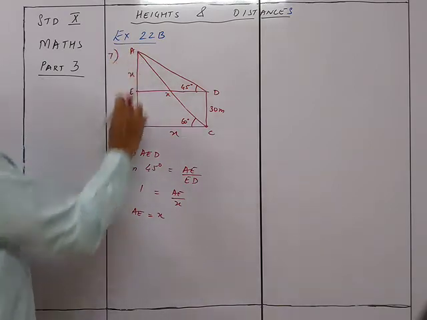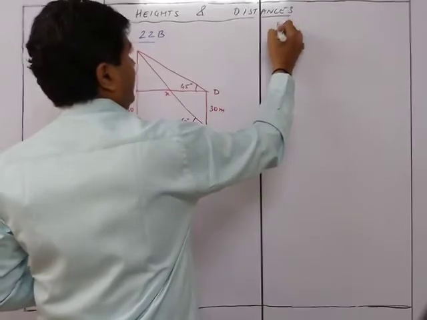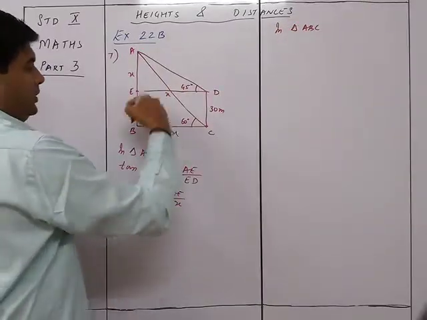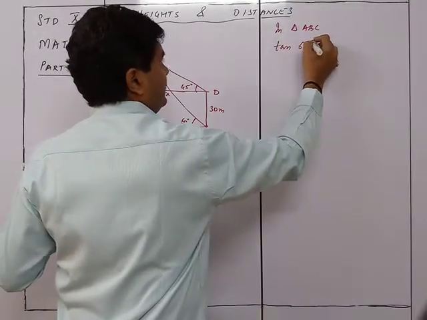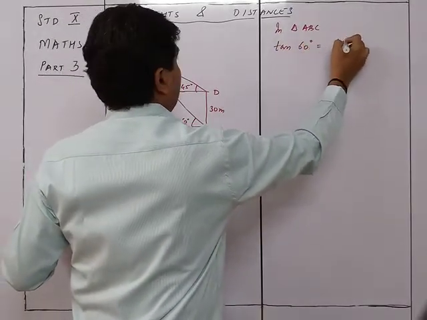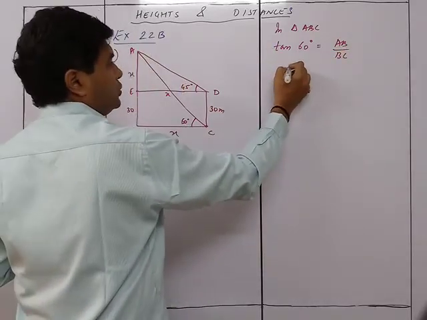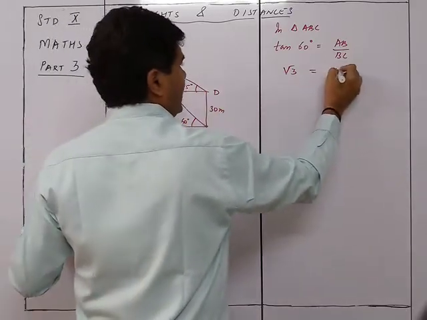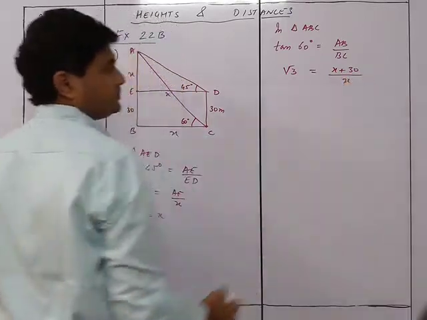So this much part is x. You know that in triangle ABC, you got tan 60 is equal to AB upon BC, where tan 60 is root 3, AB is x plus 30, upon x.